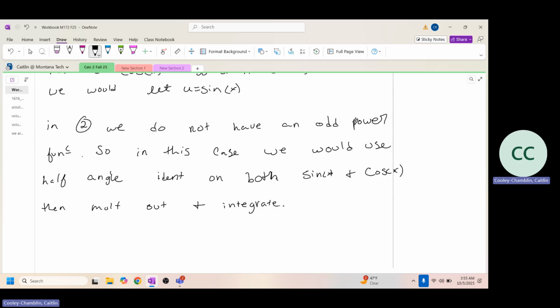So two completely different techniques based off if both sine and cosine are even, or if you have one that is odd.